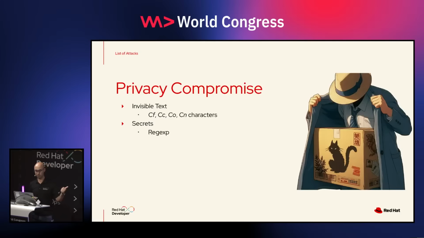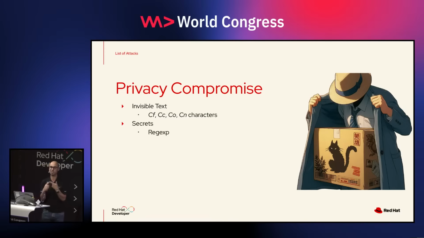Privacy is also super important, right? This is another kind of attack. Again, this privacy comes in different ways. The first one that you need to take care of is the invisible text. Users can use invisible text or characters to manipulate the model. So it's important to filter all the invisible text.